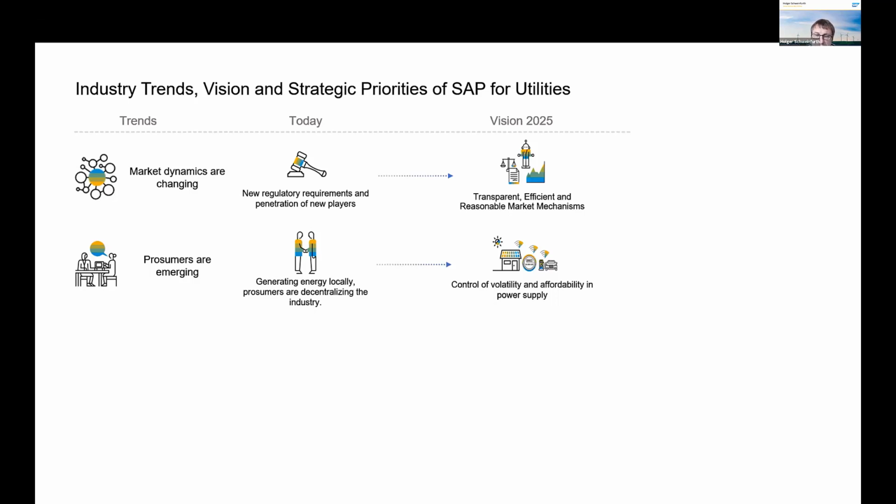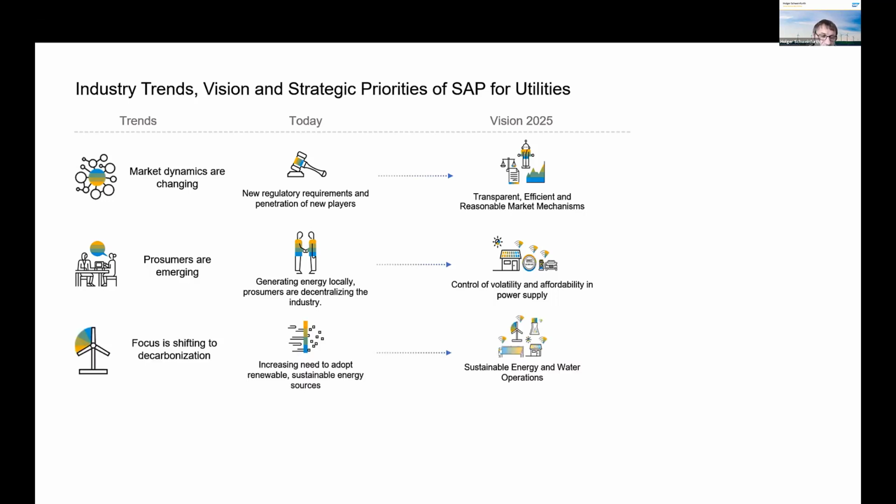And in the vision of 2025, of course, to support our customers, the control of the volatility and affordability of the supply in power, in electricity, and other divisions. I've already mentioned the aspect of decentralized power generation, and in here the renewable energy generation is one of the key aspects.